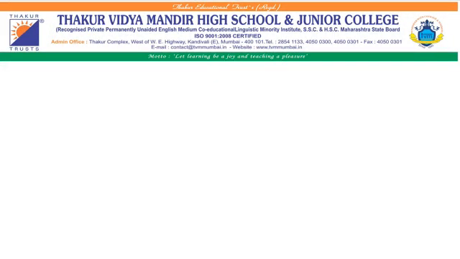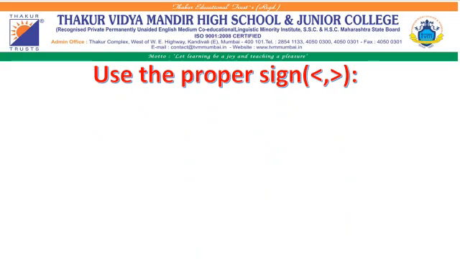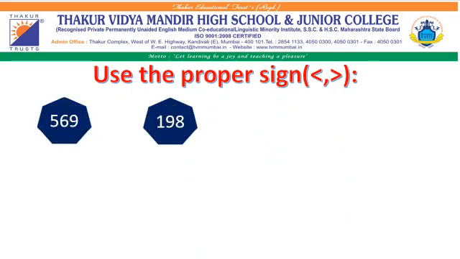Now, let us solve a few more examples to get clearer with the use of this greater than or less than sign. The numbers are 569 and 198. Here, the greater number is 569.